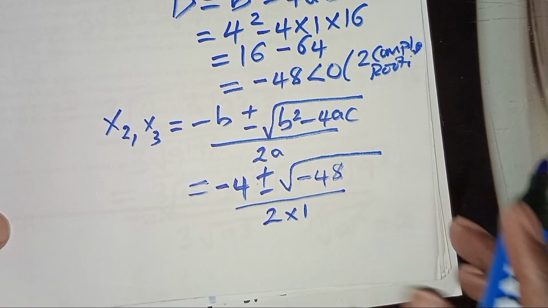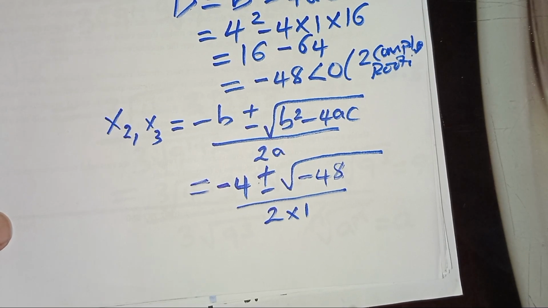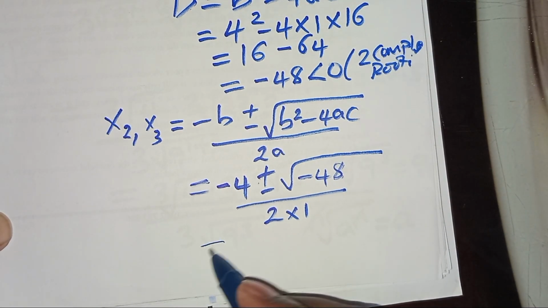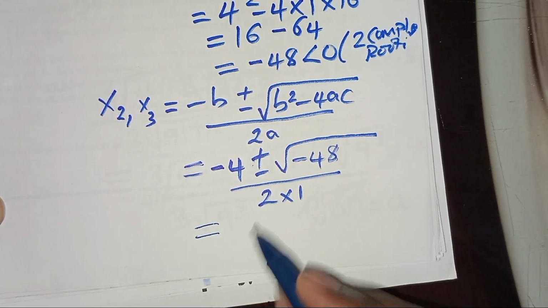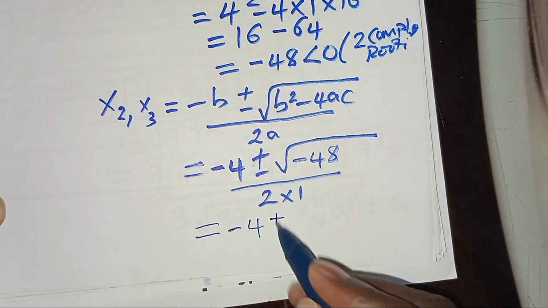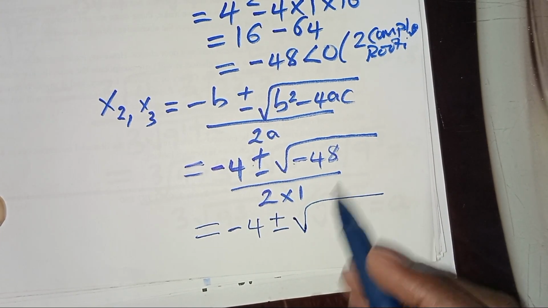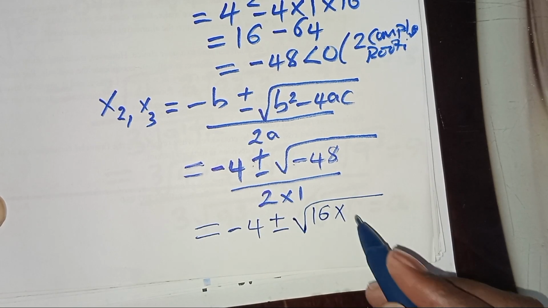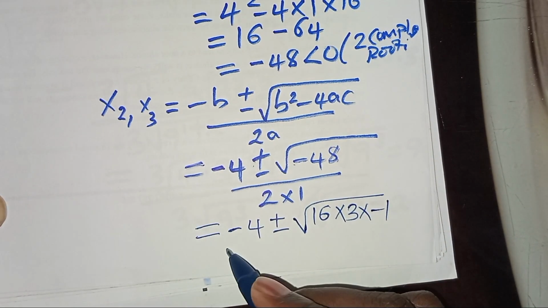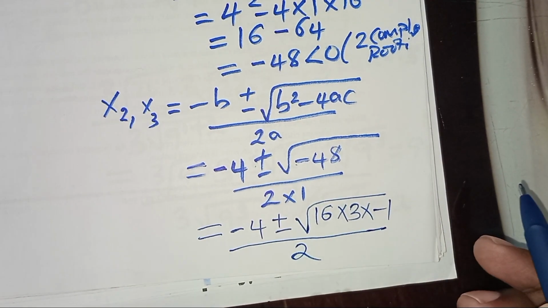Okay. Now from here, this is negative 4 plus or minus, we can express negative 48 as 16 times 3 times negative 1, divided by 2.